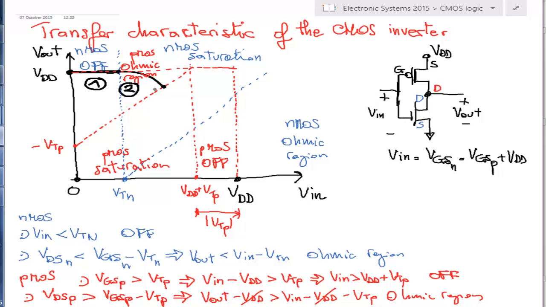I'm not interested in obtaining an analytic expression for the formula. But of course, it would be easy, because the Pmos is in the ohmic region, and we know the expression. The Nmos is in saturation region, and we know the expression. Then we can say that the two currents are equal, and by imposing these conditions, we can extract the curve which relates V out to V in.